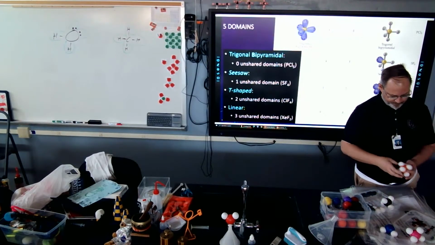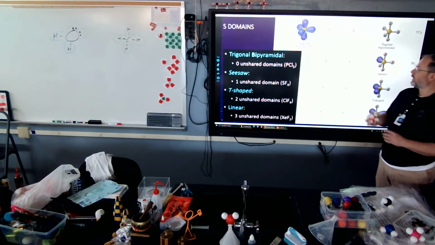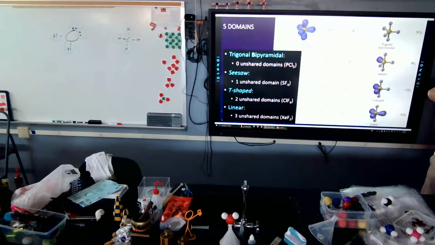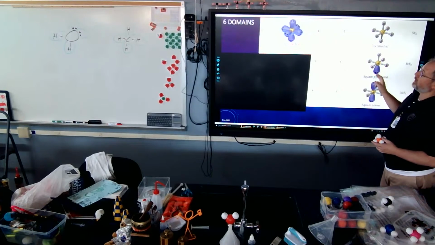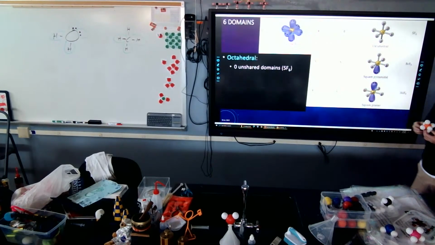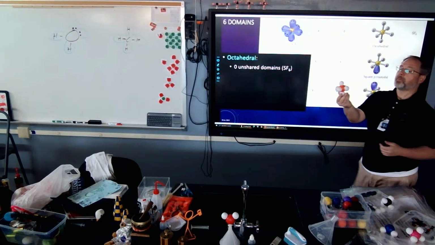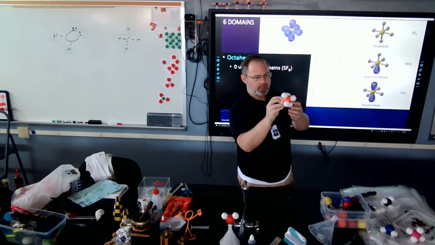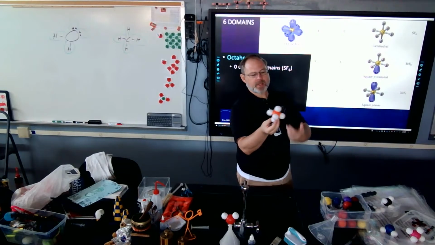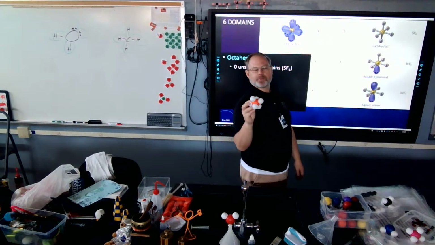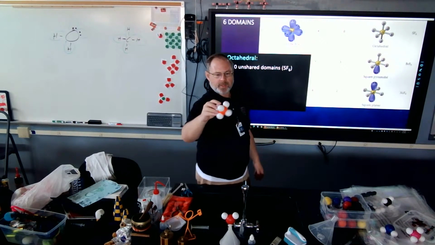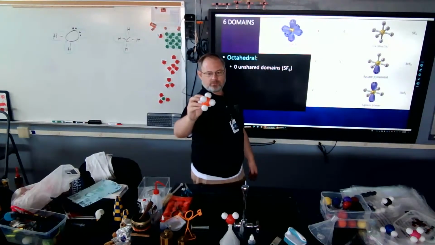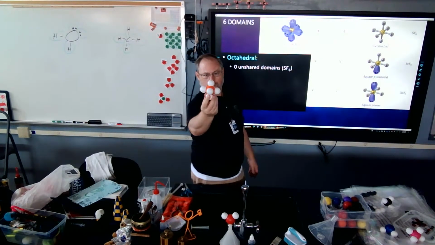All right. Finally, if you have 6 electron domains and all 6 are bonding, then your molecule is octahedral. Octahedral, because it has perfect symmetry, doesn't really have axial or equatorial domains.